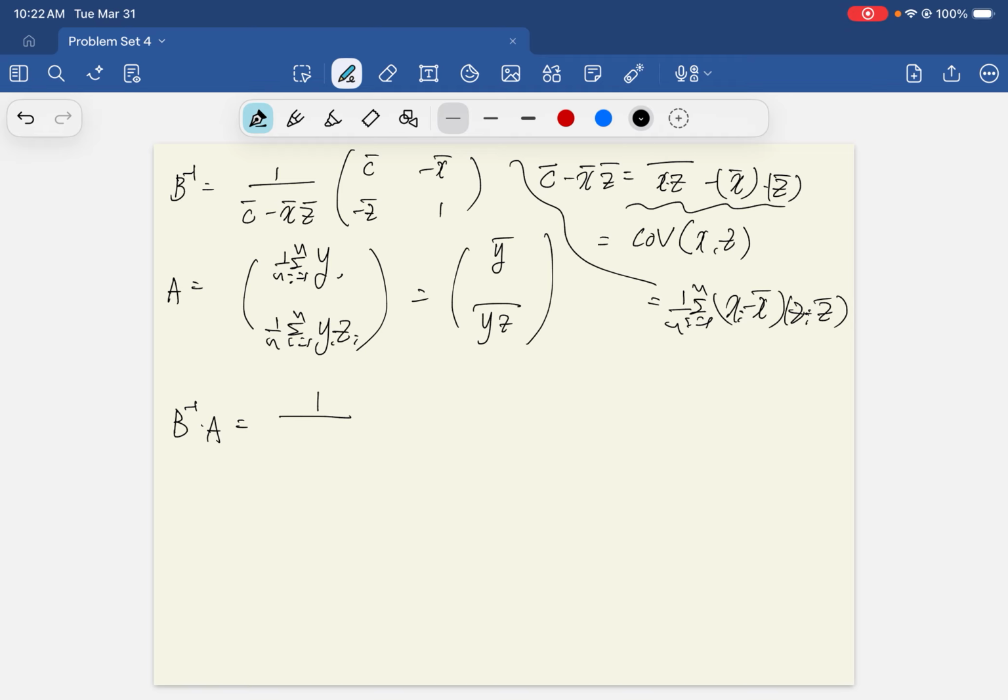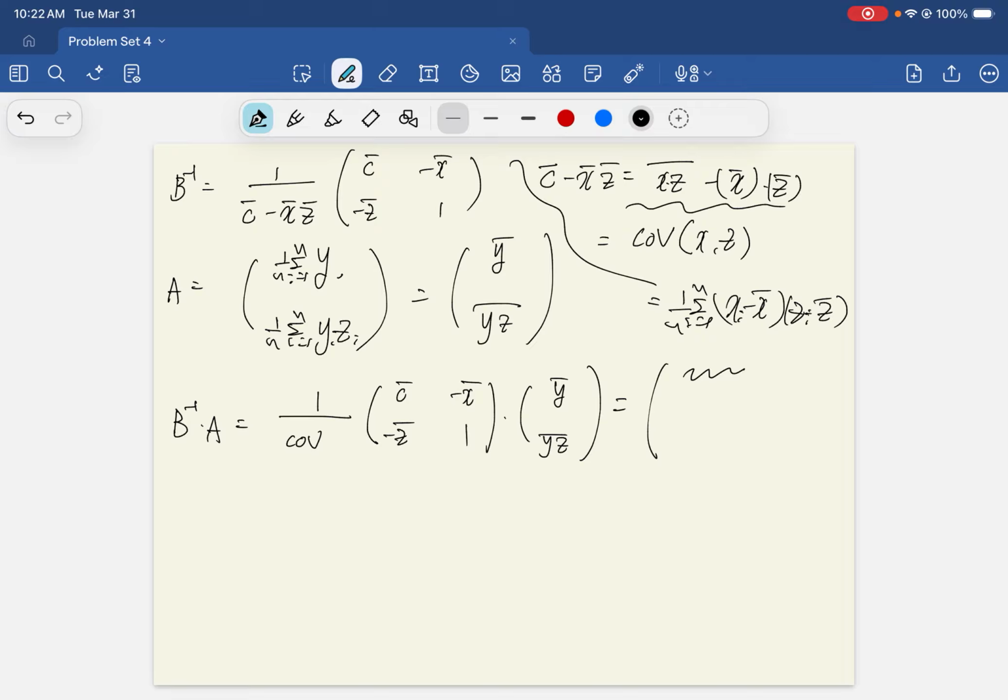Okay, so it's a simple thing. I'm going to write this as covariance for simplicity, and then multiply c bar, x bar, minus z bar, 1, times y bar, yz bar. We are interested only in beta, so I am going to ignore this part. It does not matter.